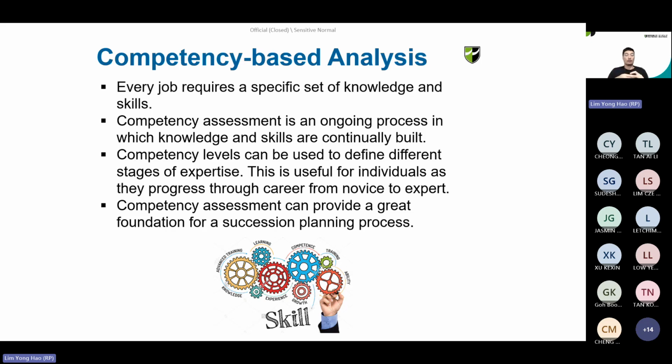There are different descriptors for this, but competency-based analysis should have some way to discriminate people who are more skilled or less skilled at certain levels.